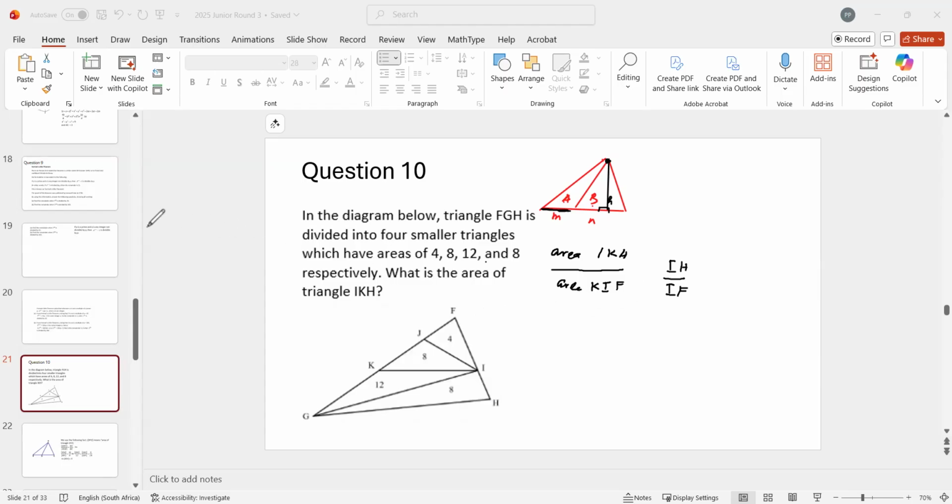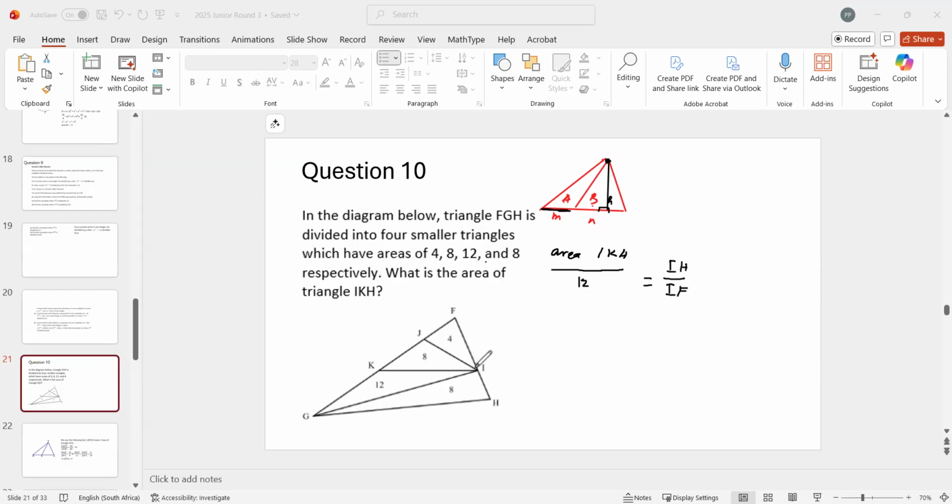So I've got the bottom part is actually equal to 12. There it is. KIF is 8 plus 4. So I can replace the denominator there by 12. Okay, so that is equal to IH over IF.